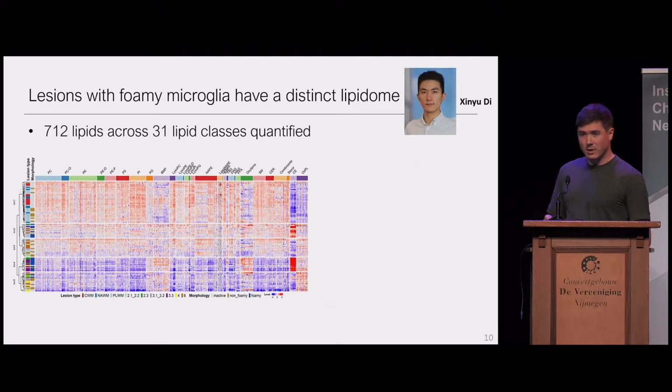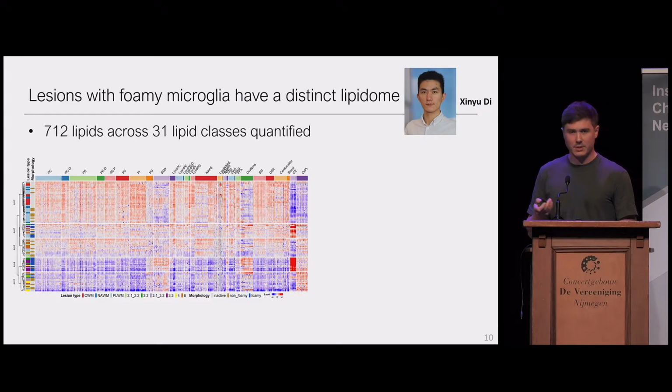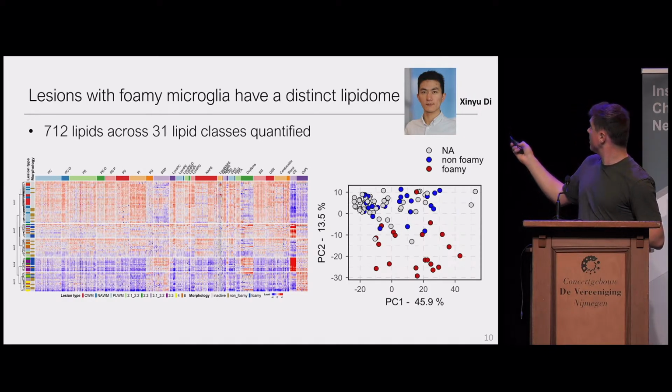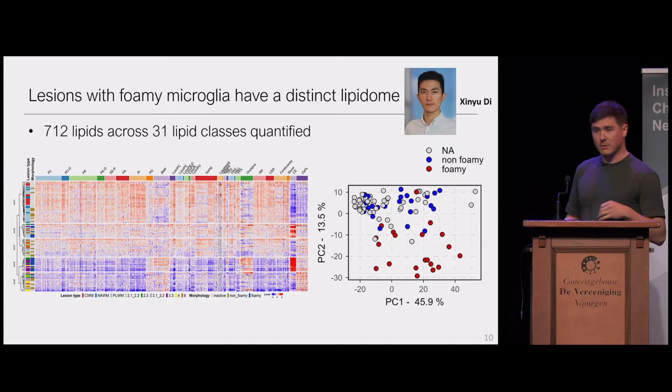So in collaboration with the labs of Thomas Hankemeyer and Amy Harms, with postdoc Qin Yu, who measured all these lipidomics platforms, we have measured 712 lipid species across 31 different lipid classes. And there's a lot of data to go through here, but I want to focus specifically on the foamy microglia, because we really see that these separate from the other lesion types.